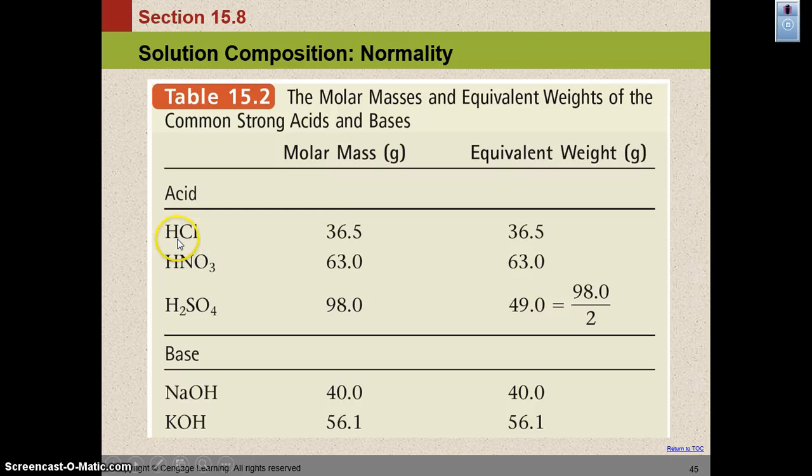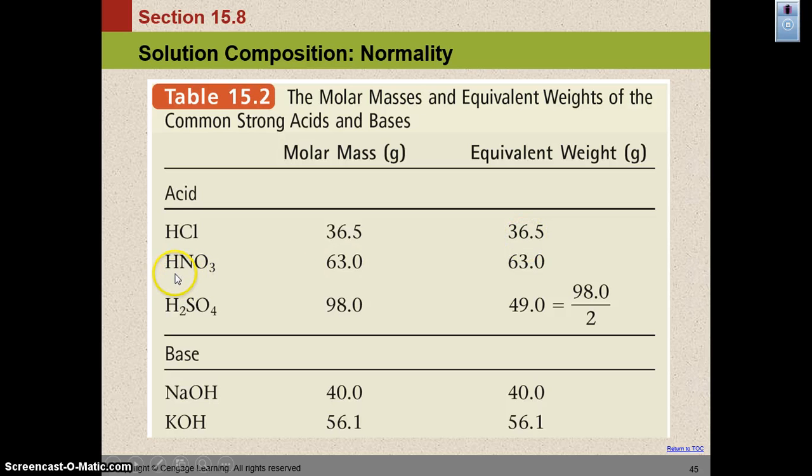It would only take 1, because every time this breaks up, it's 1 hydrogen to 1 chlorine. So 1 mole is all it would take. That means the equivalent weight would be 36.5 grams. So if I measured out 36.5 grams of hydrochloric acid, I would get 1 mole of hydrogen ions and 1 mole of chloride ions.